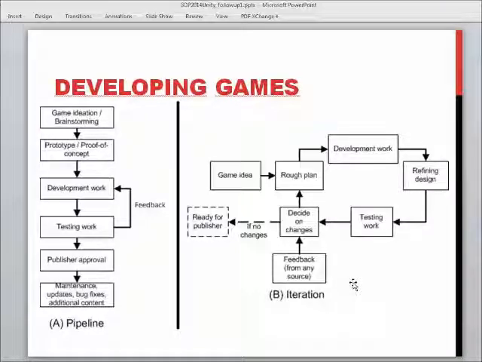On the first model, the A pipeline, before the development work started, the team got at least some sort of confirmation of economic feasibility by having an external publisher or funder or the board of directors saying that, okay, the prototype is good enough, we go into development. But if we are a smaller company and we don't have a publisher, or we don't want to find one, or whatever the reason, the entire development starts with a game idea.